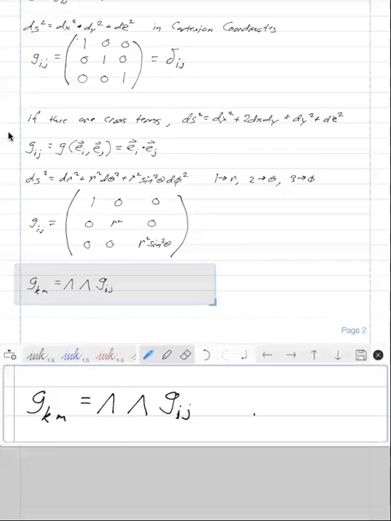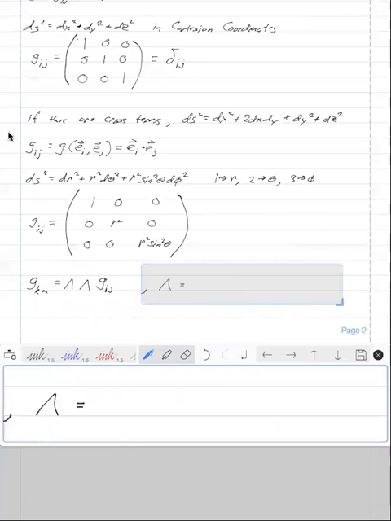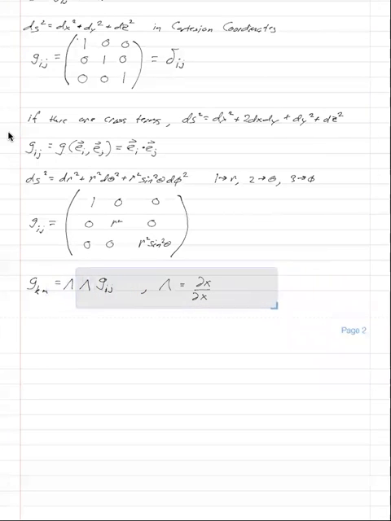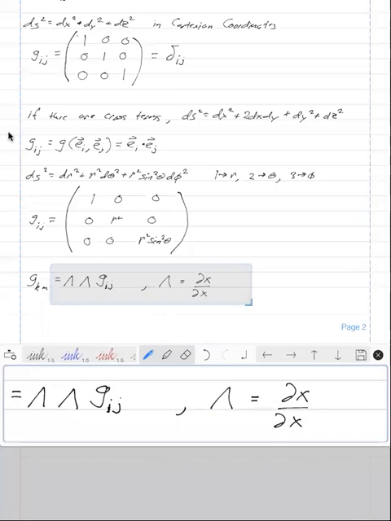And once again, lambda, we'll fill in the indices in a second, represents the derivative of one coordinate with respect to another. Each of these is different: the one at the top is one coordinate system, the one at the bottom is another coordinate system. So let's fill this in.